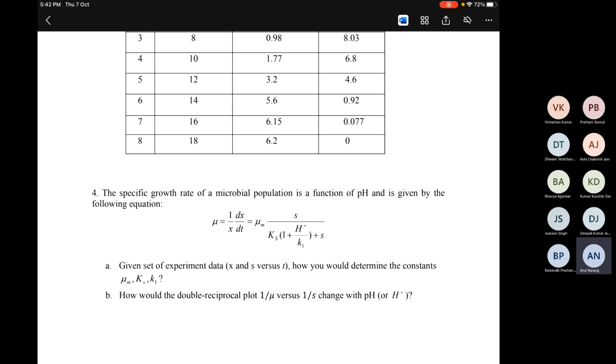Let me see if I can... I cannot see how you would pull this off. Oh, I see. Okay, the way they're doing it is as follows. Let me show you.